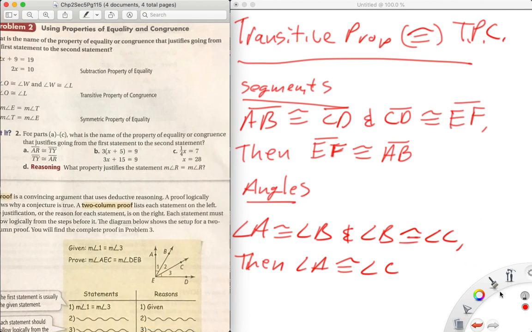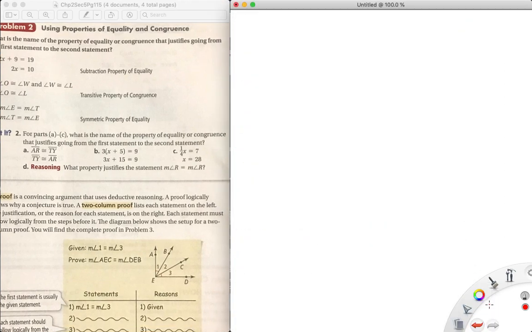So for 2A, they have write the property of congruence or equality that justifies going from the first statement to the second statement. So this one for A, it says that AR is congruent to TY.